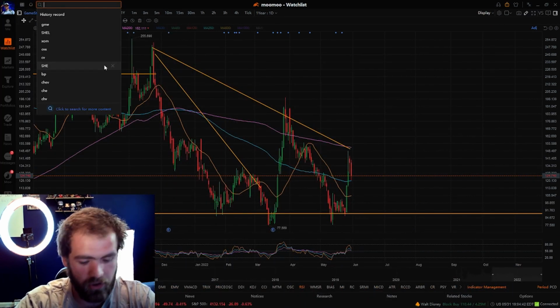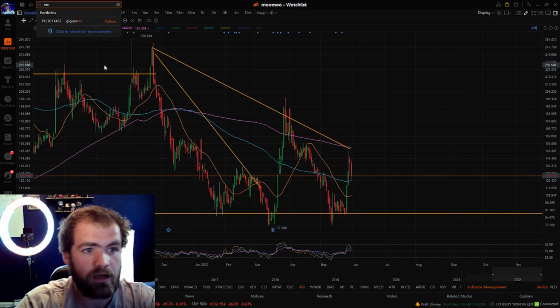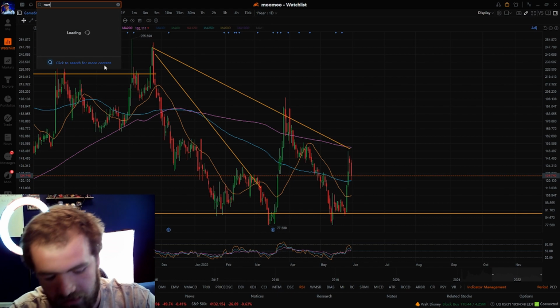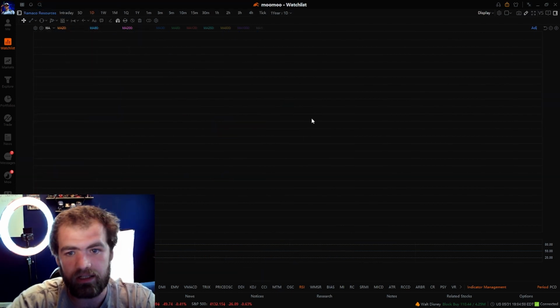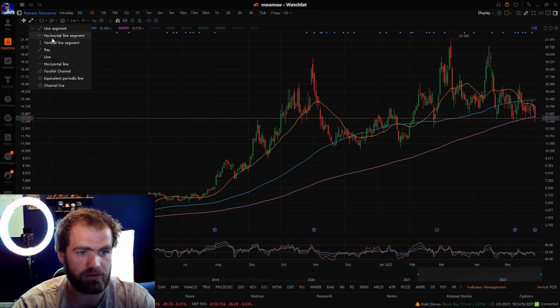We'll pull this one up on the main chart. Ticker symbol METC. Once we get this loaded, we can go ahead and start doing some basic technical analysis.